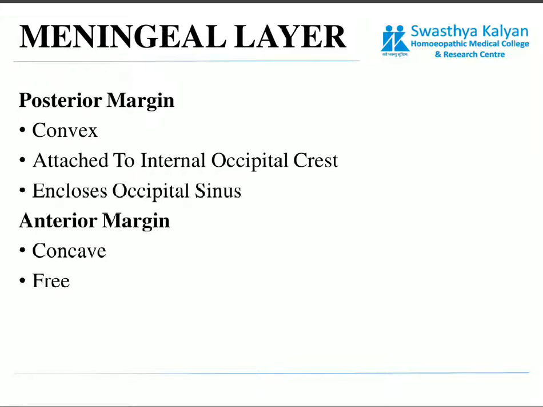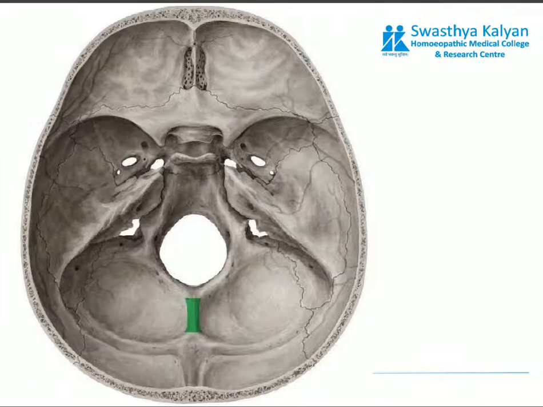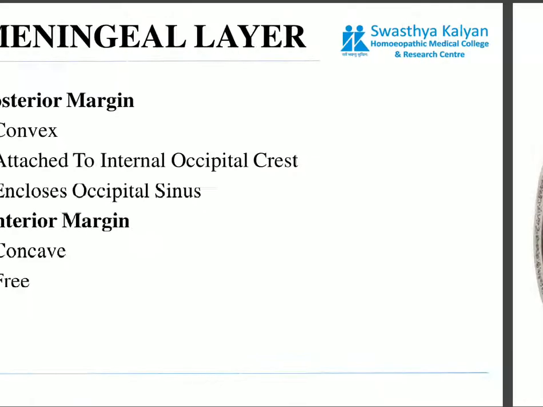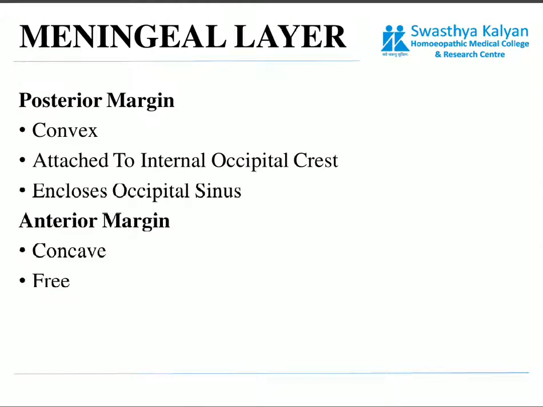It is attached to the internal occipital crest and it encloses the occipital sinus. So the posterior margin is related to this part, which is the internal occipital crest. That is the posterior margin, and it would enclose the occipital sinus, as the name suggests.